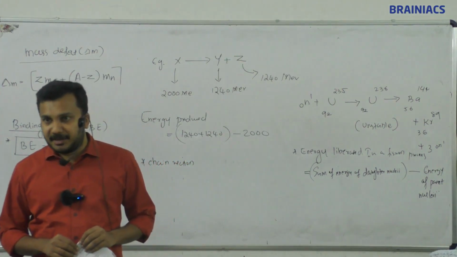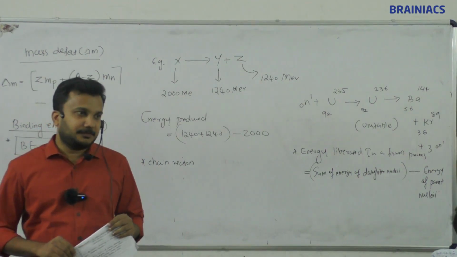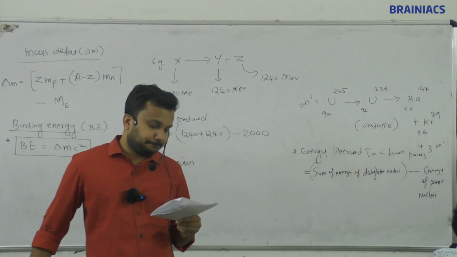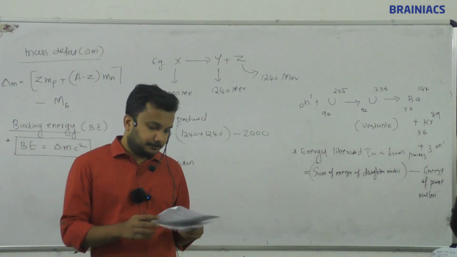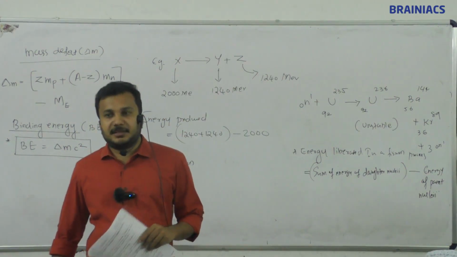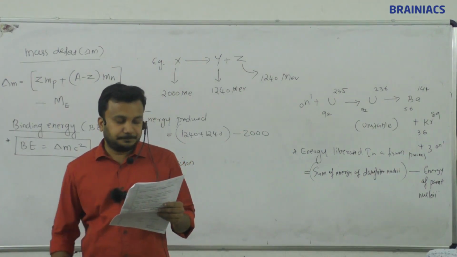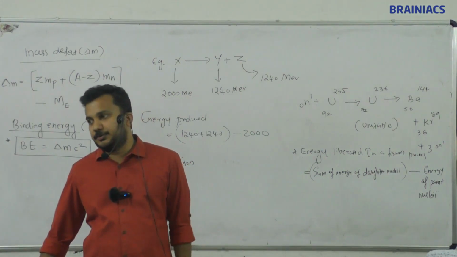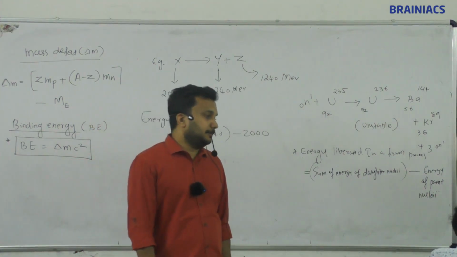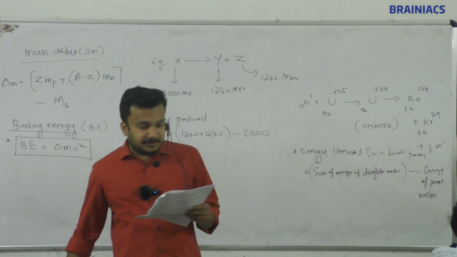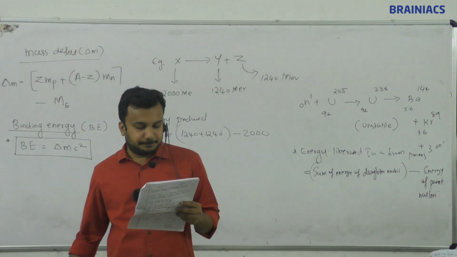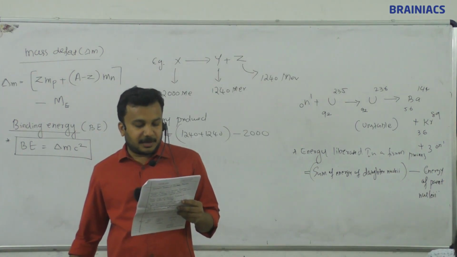This will rotate the turbines and produce electricity. Examples for coolant: water, liquid sodium, heavy water, air, carbon dioxide.